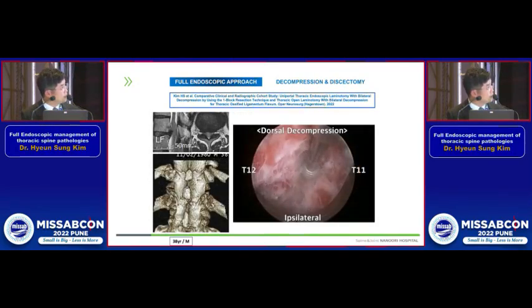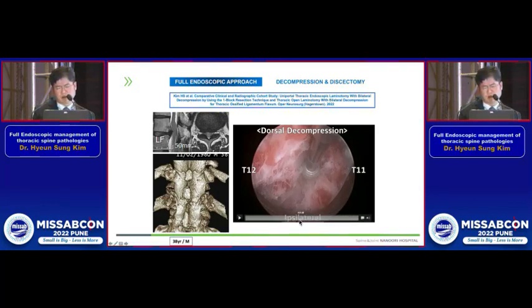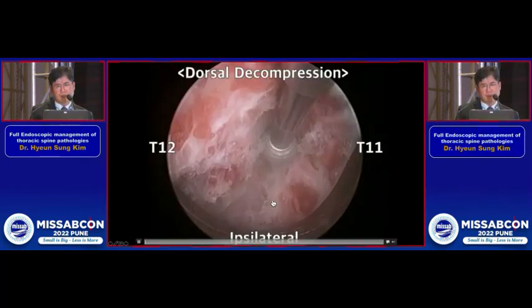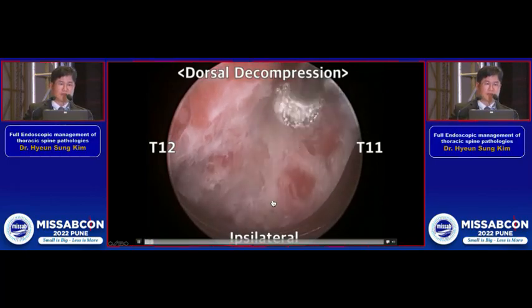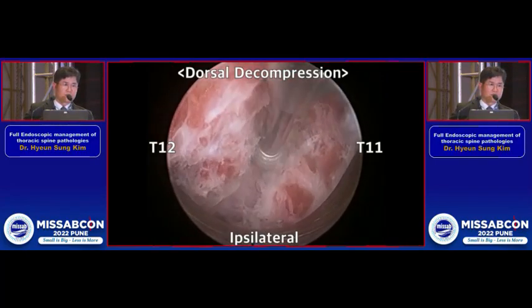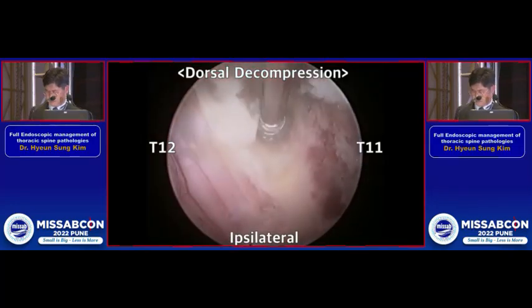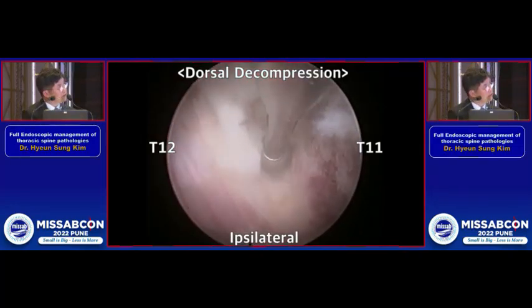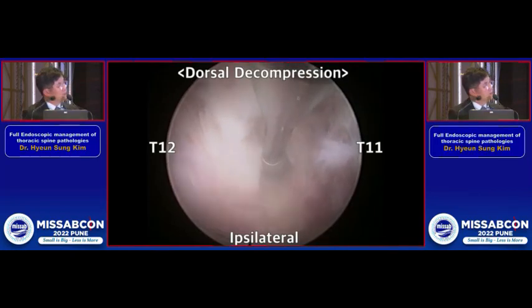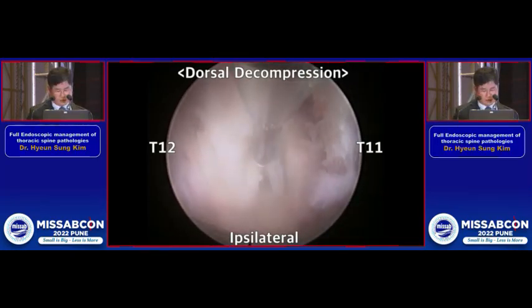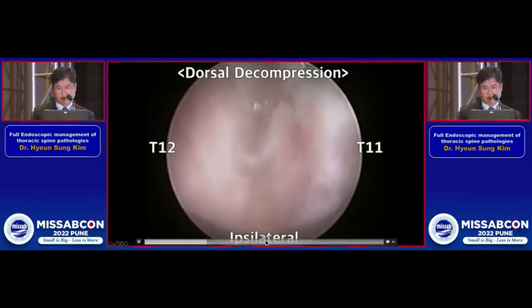And also in some cases, not only disc pathology, but also calcified pathology from the ventral and posterior part together. These cases also need decompression of the posterior part and resection of the ventral part together. In these cases, firstly decompression of the posterior part, then move to the ventral part.